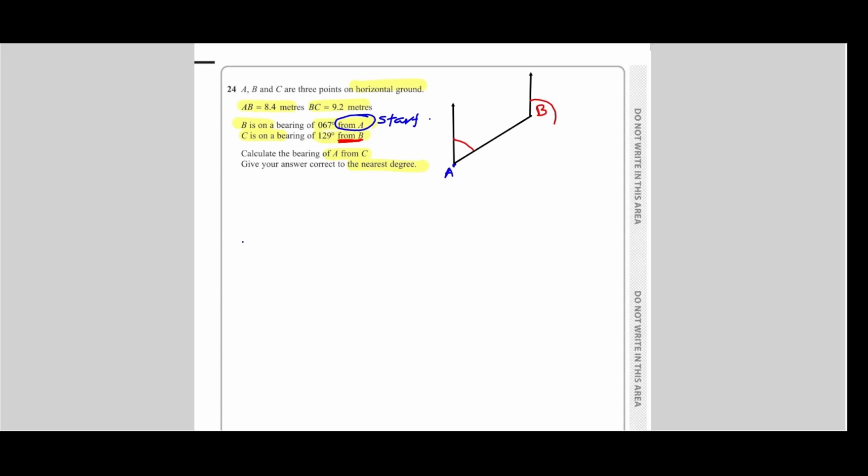Now draw the line. Now this angle is 129 degrees. This angle is 67 degrees. So this is C.